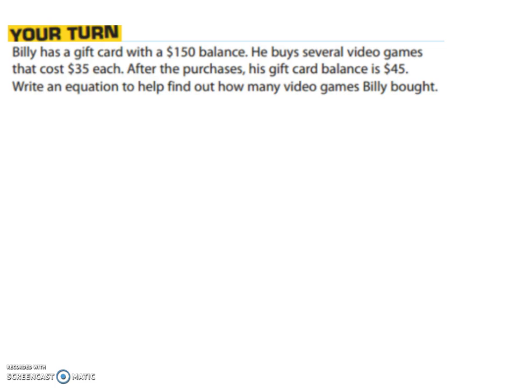It says Billy has a gift card with a $150 balance. The $150 is going to be my B. He buys several video games that cost $35 each. The $35 is my constant rate of change.